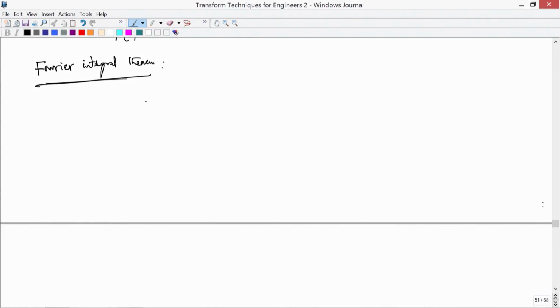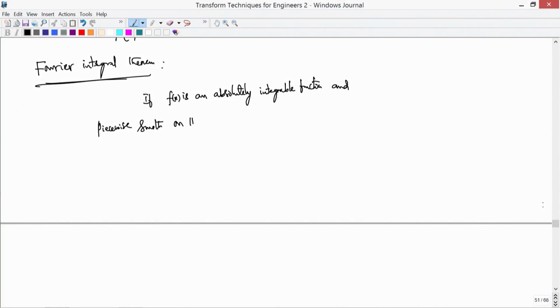So let us choose f of x to be an absolutely integrable function, and piecewise smooth. Piecewise smooth means that for any n, the n-th derivative exists except at finitely many points, and the derivative is a piecewise continuous function.